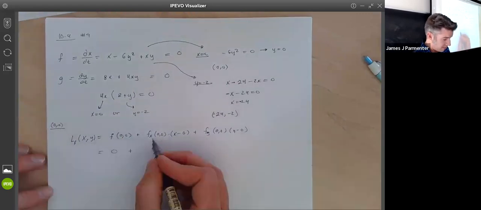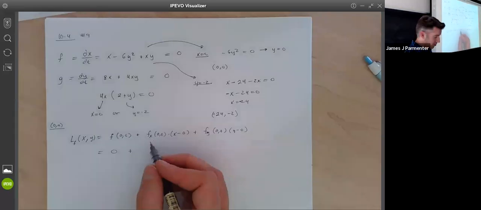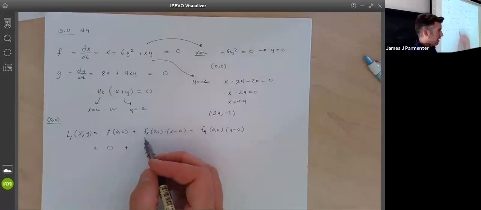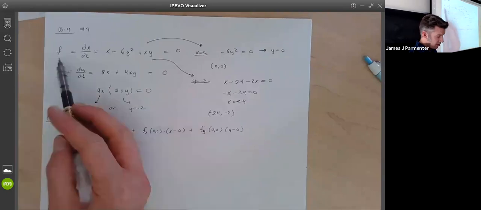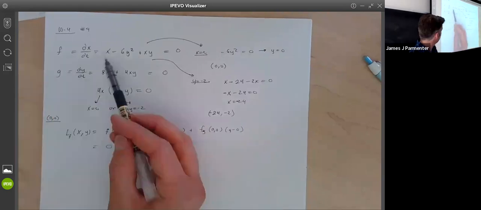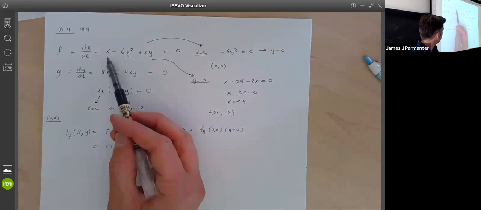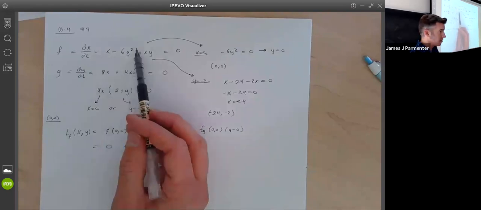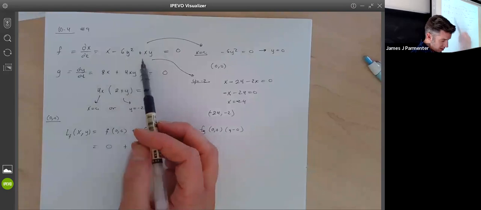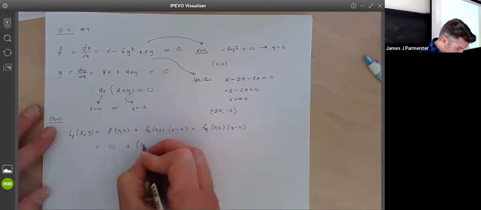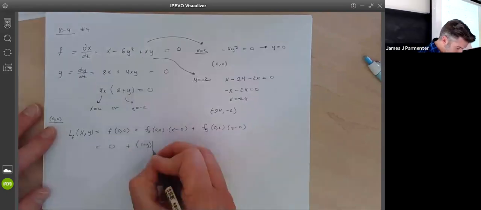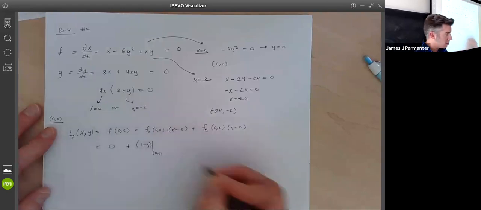What's our fx here? And I really do actually want you to tell me. If I take the partial derivative of f with respect to x, what do I get? Let's see, if I take the derivative of that with respect to x, I'm going to get 1 plus, that's going to be 0, and then the derivative, that's going to be what? Right. So I'm going to get 1 plus y, and I'm going to evaluate that at 0, 0.